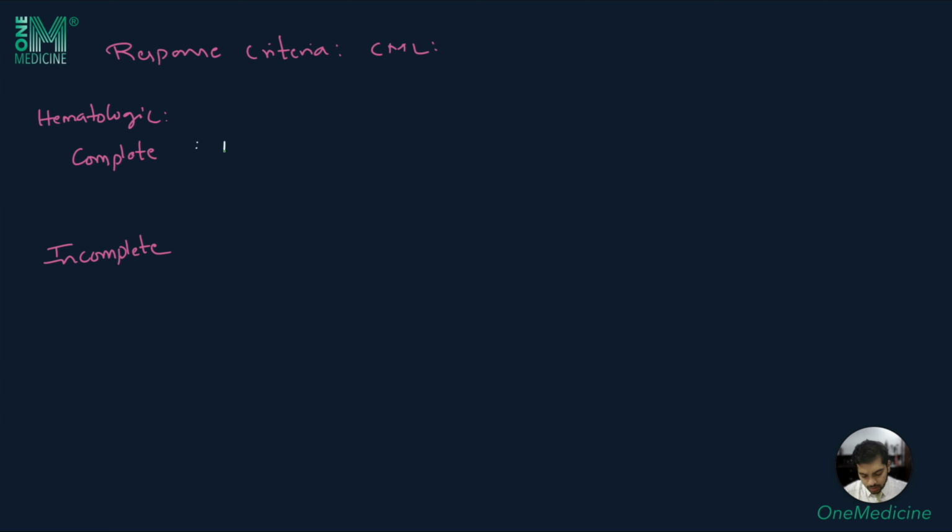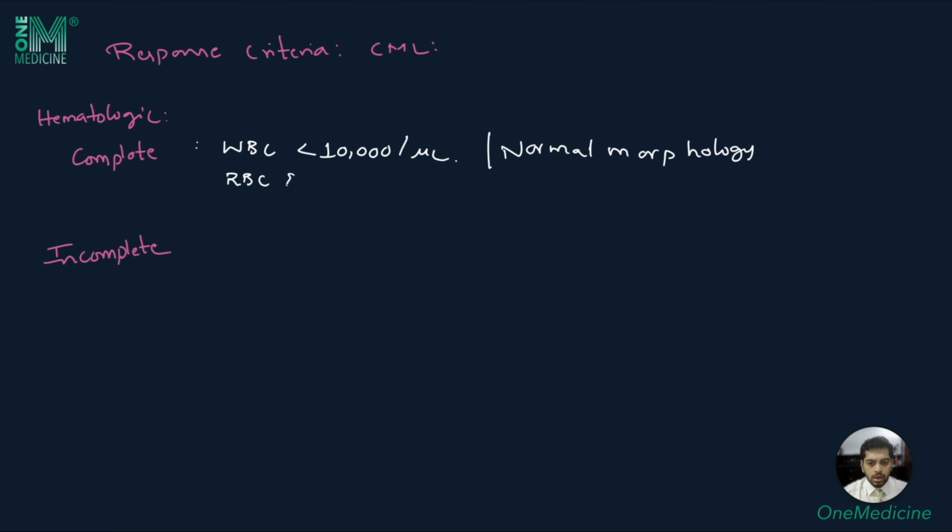Complete response is characterized by a WBC count of less than 10,000 per microliter with a normal morphology. Other counts such as red blood cell count and platelet count should be normal. Incomplete hematologic response is seen when WBC count remains more than 10,000 per microliter even after therapy.